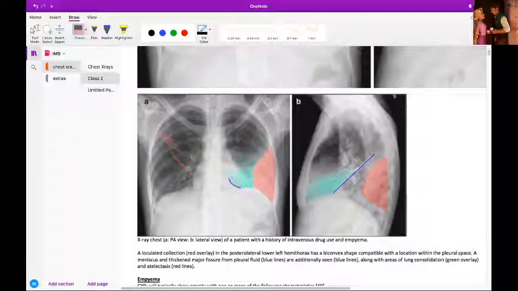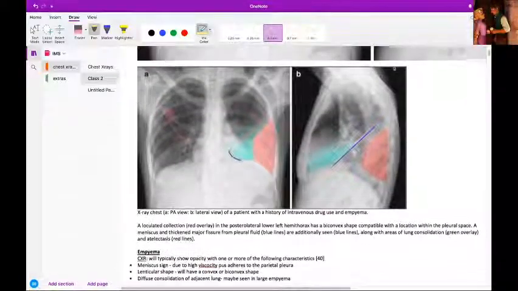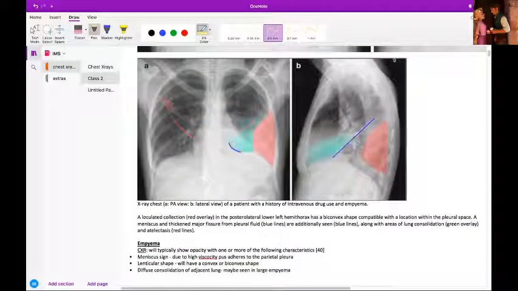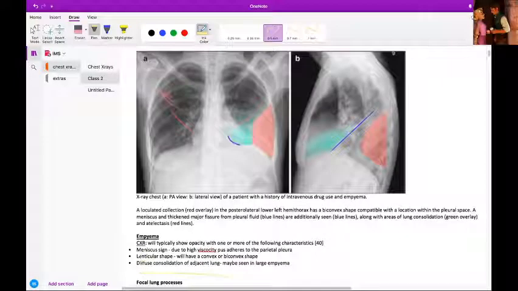So that is empyema. What you need to know is these three things: meniscus sign, lenticular shape, and diffuse consolidation of adjacent lung. These are the three things that we'll see in empyema.